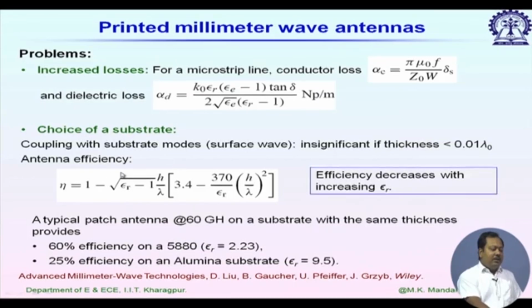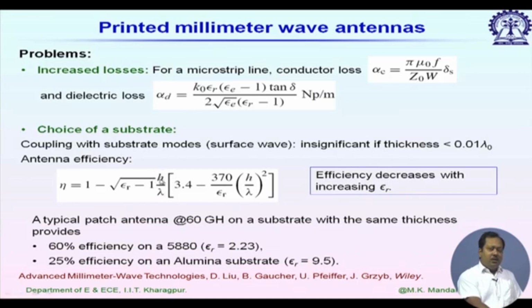Antenna efficiency, considering the effect of surface wave, can be given by eta equal to 1 minus square root of epsilon r minus 1 into h by lambda, where h represents the thickness of the substrate, and you see it is a function of h by lambda.